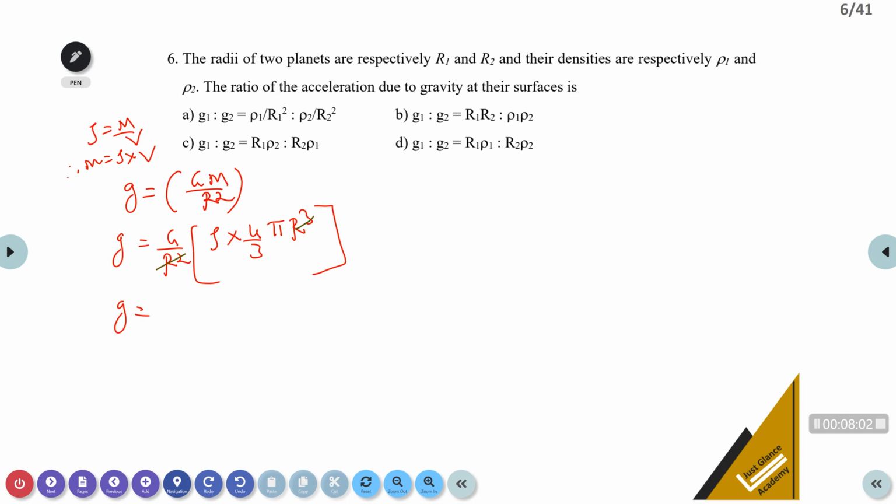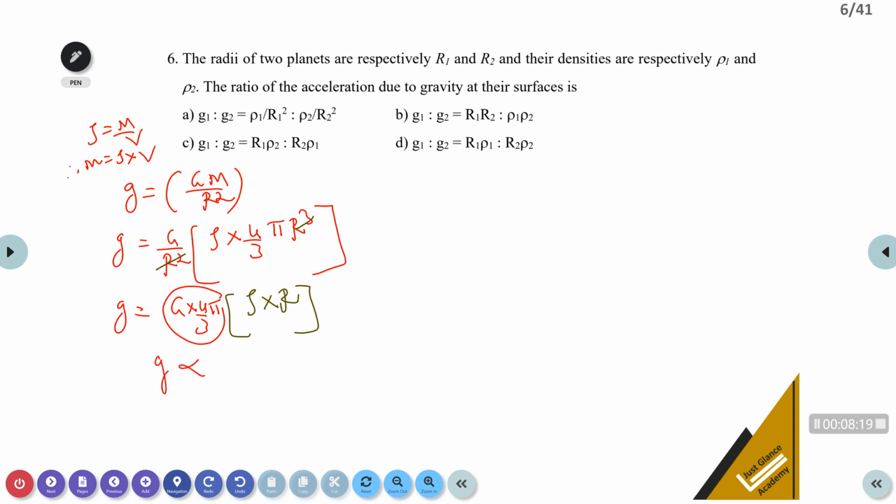Can I reshuffle the terms now? This R square cancels. What is left? Rho into R. Constant factors are G into 4 by 3 pi, of course, all these are constants.